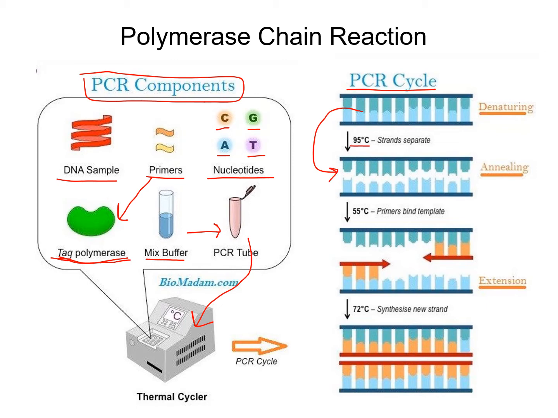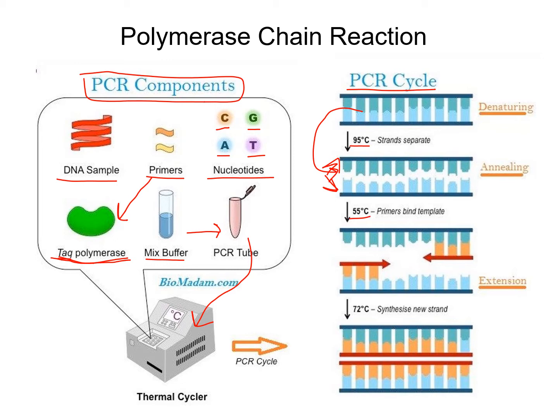In an actual DNA replication reaction in a cell, you have lots of proteins that do this, like the gyrase and the helicase and single-stranded binding proteins. But in the PCR tube, you don't have all these proteins. So you use a change in temperature to break those hydrogen bonds and separate the two strands from each other.